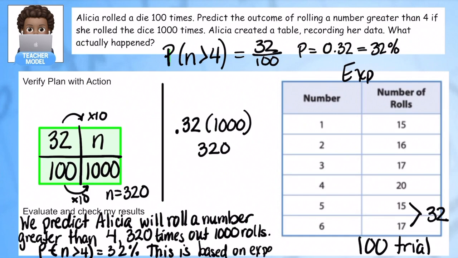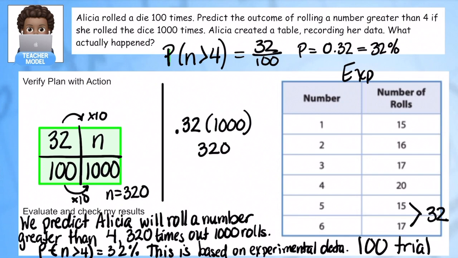on experimental data. And I'm saying that just so we know this is experimental probability, because this is what actually happens. Now, to really find out what would happen, we'd actually have to roll this 1,000 times, which you're not going to do.